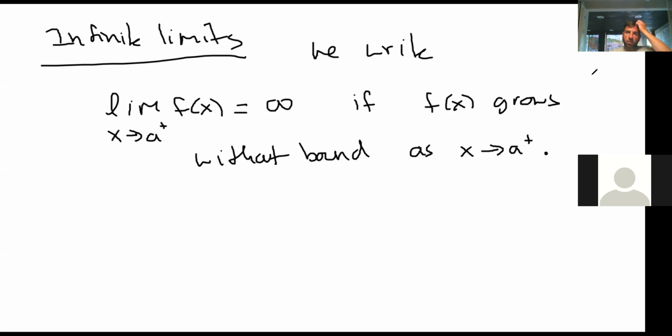So essentially you can think of this as the closer your input gets to a from the right, the larger the output becomes. It keeps getting larger and larger and larger. Or you could think of it as you can make the output as large as you'd like by choosing the input sufficiently close to a, but to the right of it.